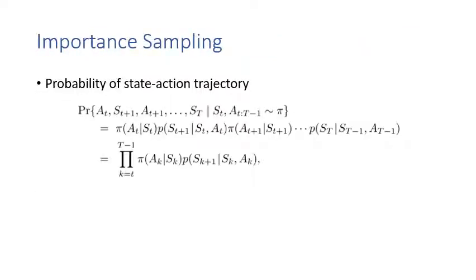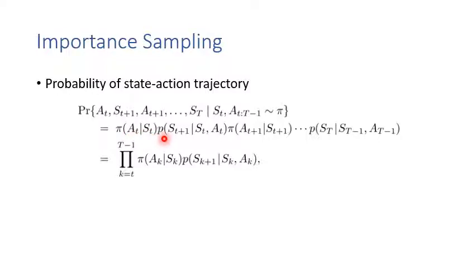So what is importance sampling? Remember that the state action trajectory is actually the multiplication of the policy and the transition probability. The policy is how we choose different actions. So this is the probability of choosing action A under state S_t.